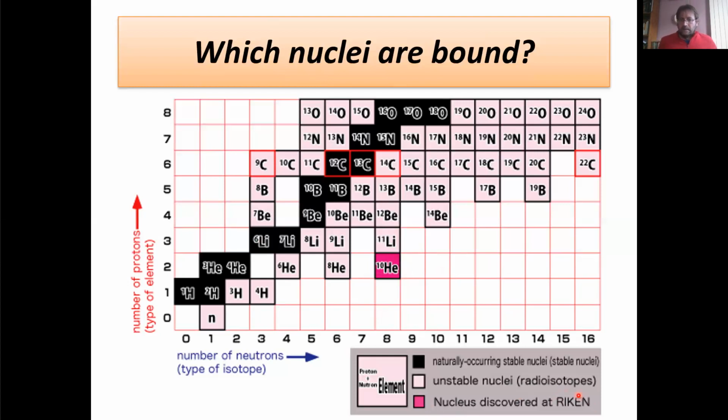Riken is a radioactive beam factory in Japan. They are basically 10-15 years ahead of everyone. They create now these very exotic systems, which are occasionally stable and bound. Bound means you bring it together, they stay together.